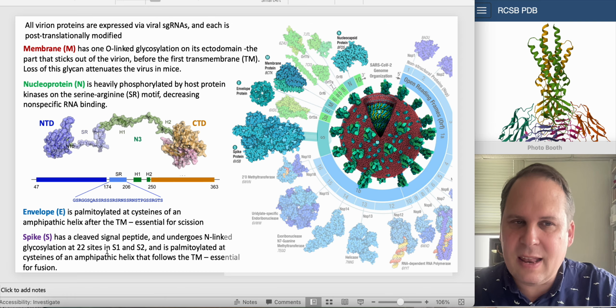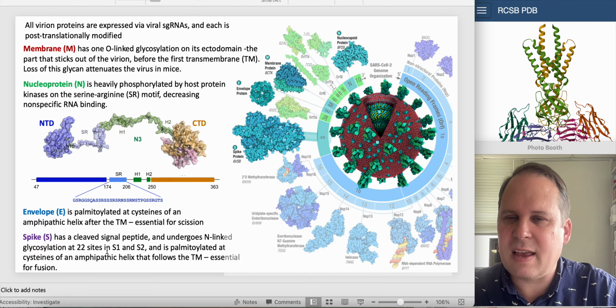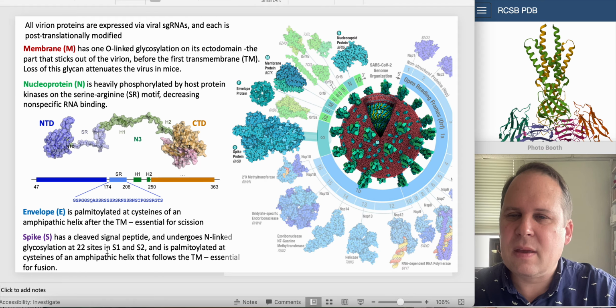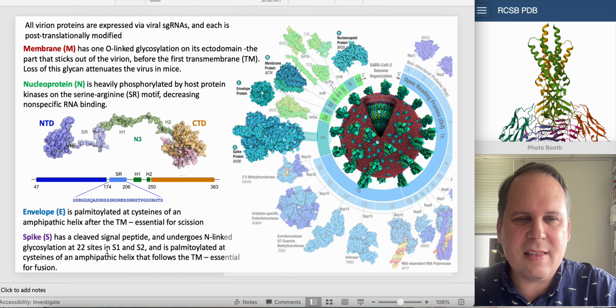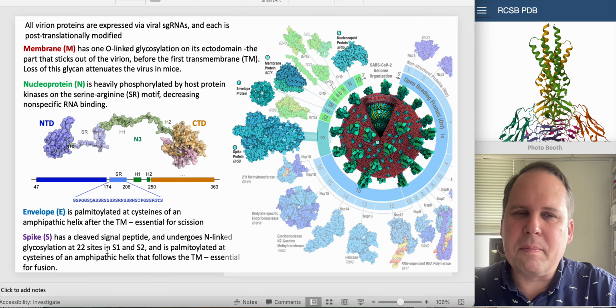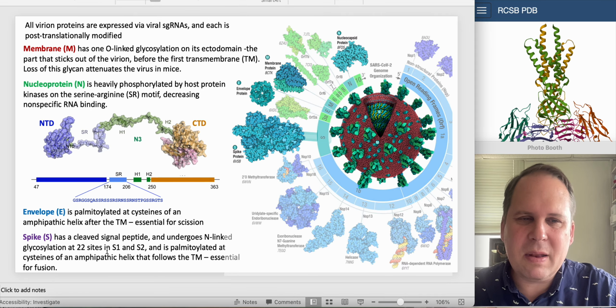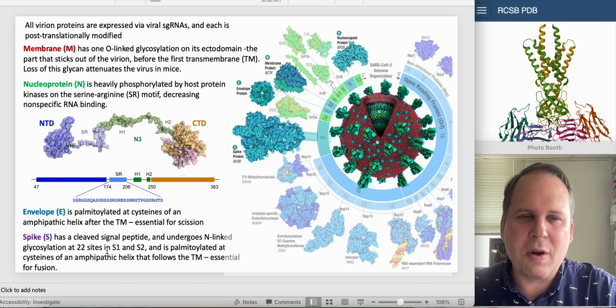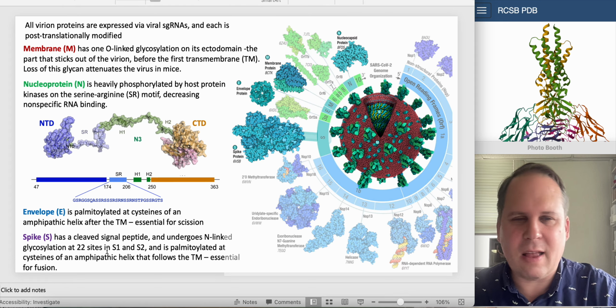They are all N-linked glycans at all those sites, and it is going to be palmitoylated at cysteines in the tail. It's kind of like the envelope protein. Both of these things have to be palmitoylated for the proteins to work efficiently. They do not work very well if there's no palmitate attached.